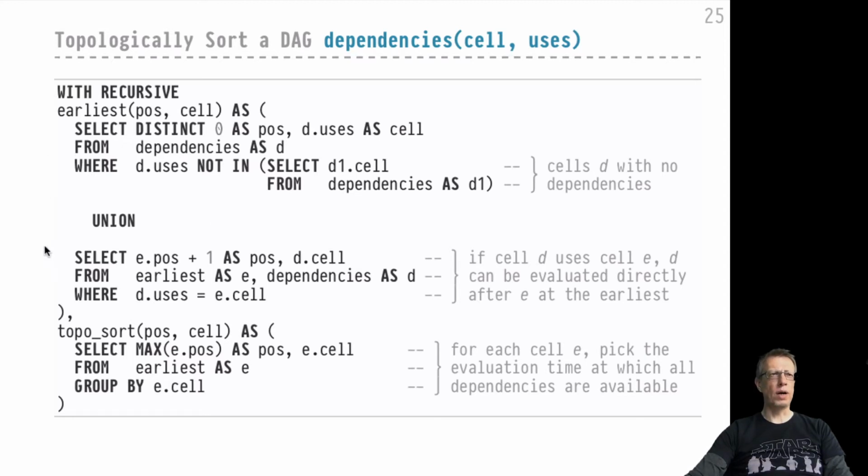In the recursive part of our CTE, which is here, we of course refer to the dependencies that we were given and all the earliest evaluation times that we have already found.